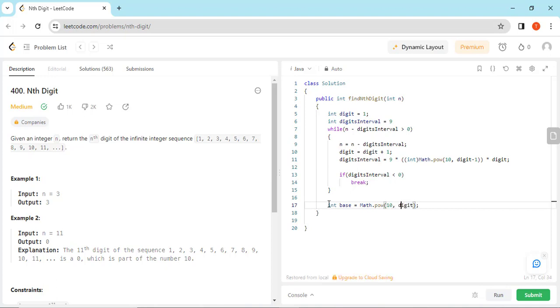So this will return me a double value. So I am going to convert it into integer. Okay. After finding the base, now I have to find the exact number. So how can I find the exact number? Int num equal to base plus n minus 1 divided by digit. This gives me the exact number.